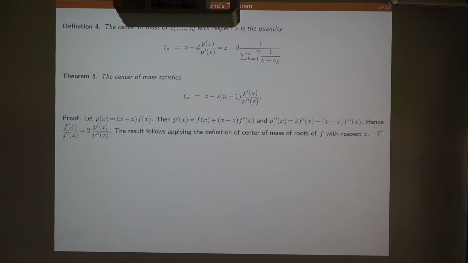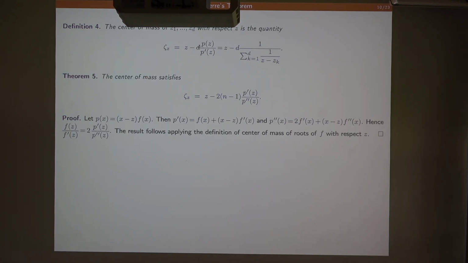It's defined like that: Z minus D, where D is the degree, P(Z) over P'(Z). It is close to the Newton method. In the Newton method, Z minus P(Z) over P'(Z).